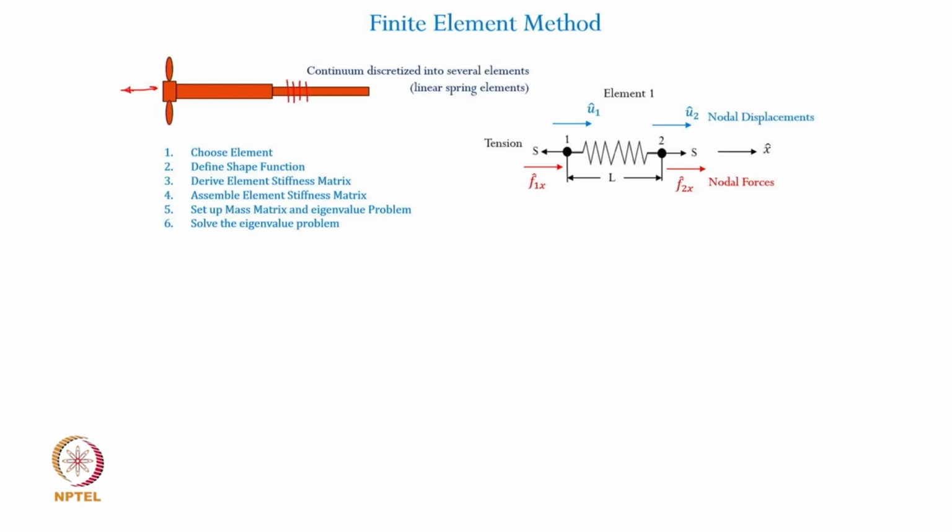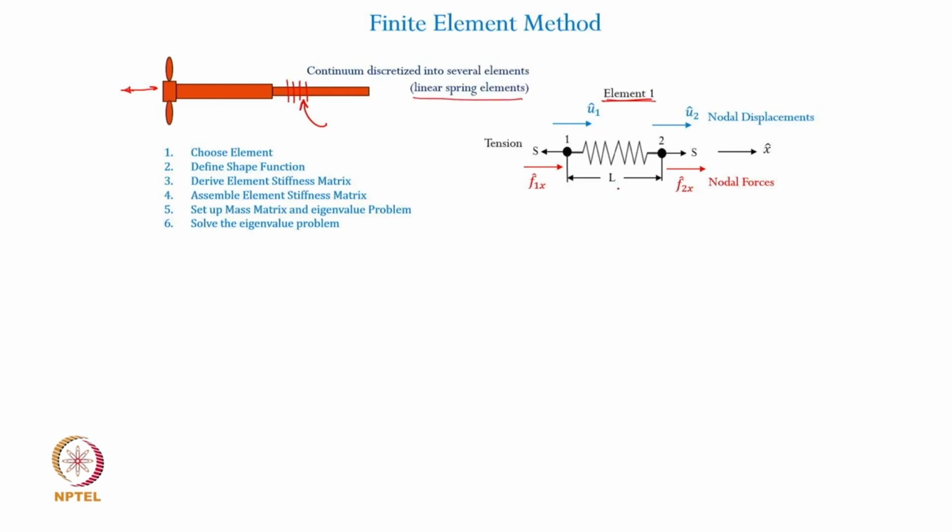So let us say one of such segments or discretized finite elements is what is shown here, and as I said, we are going to assume each segment to be behaving like a linear spring element.